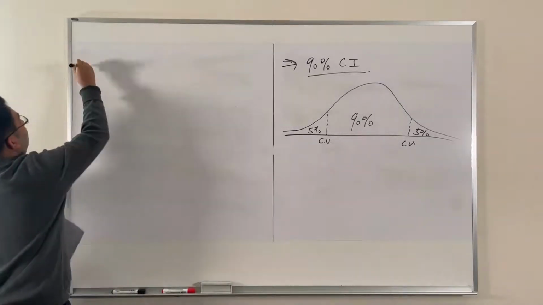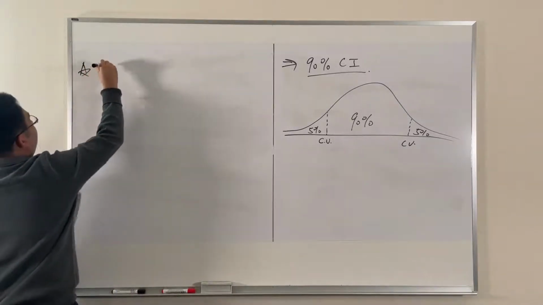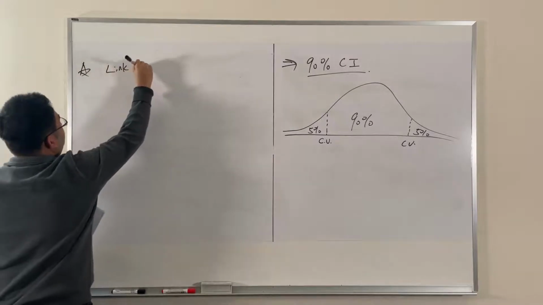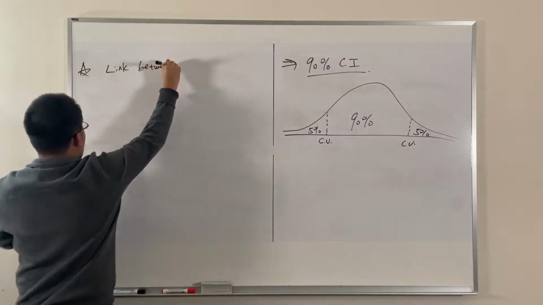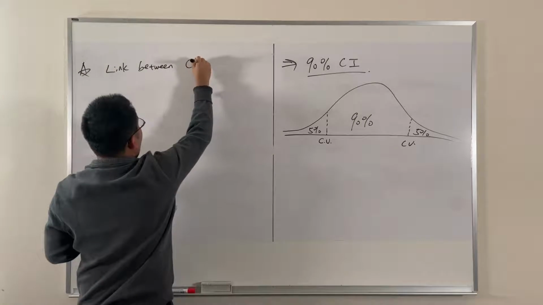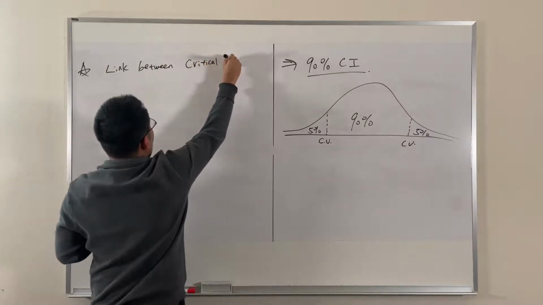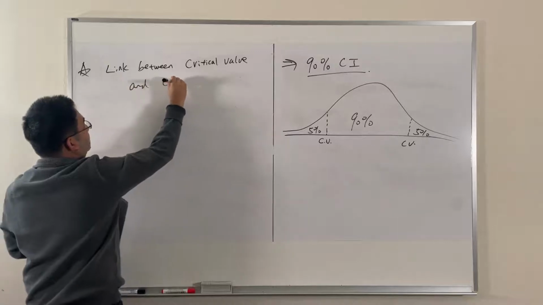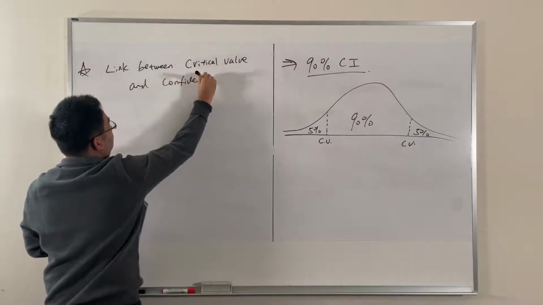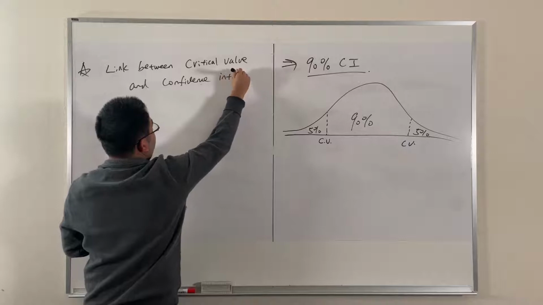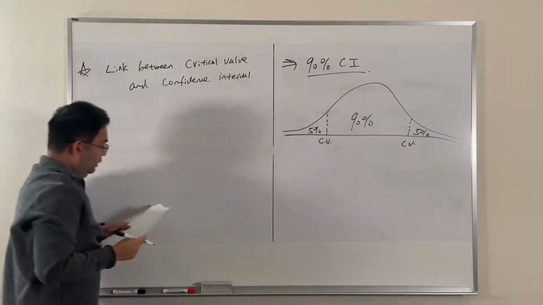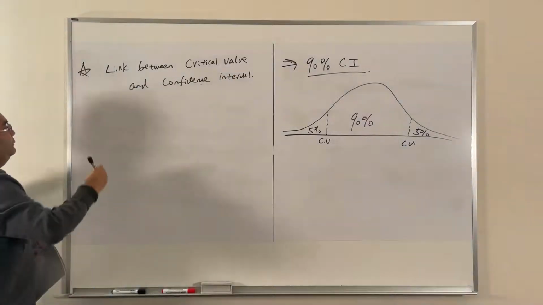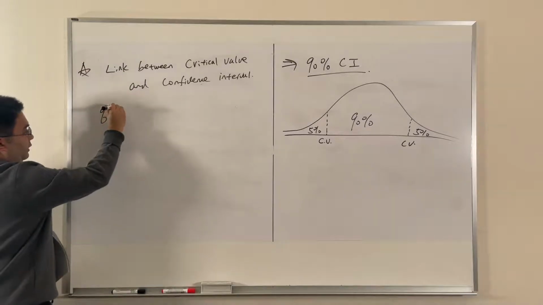So a deeper connection, so I'll just say the link between our critical value and our confidence interval. Okay, so let's say we have Q%, right?